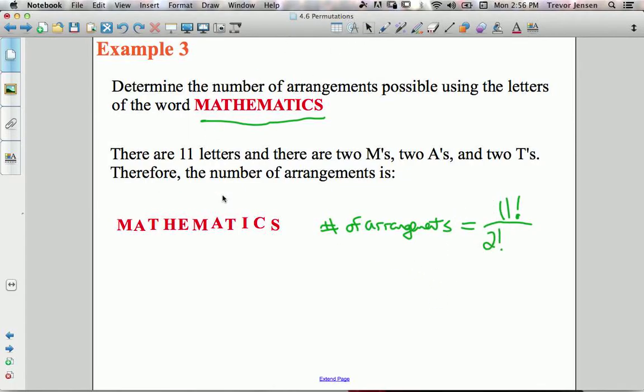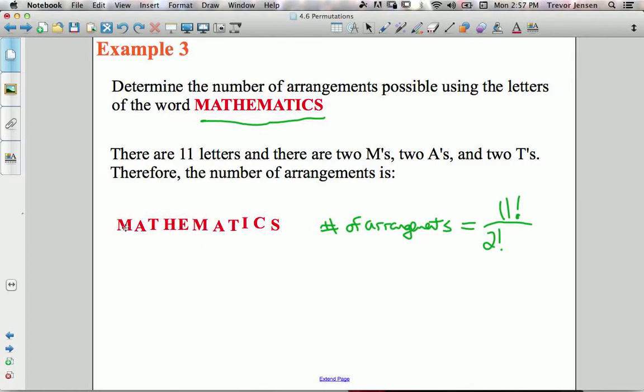For each arrangement, I've counted it double the amount of times that I should, because I could switch the A's and nothing would change. So I've counted this arrangement right here, and I've also counted this arrangement where I switched the A's. I've counted those as different things, but in fact they're the same. That's why I have to divide by 2 factorial. Divide by how many ways could you arrange these objects that are exactly the same. And that'll tell you how many times too many have you counted each individual arrangement of the letters.